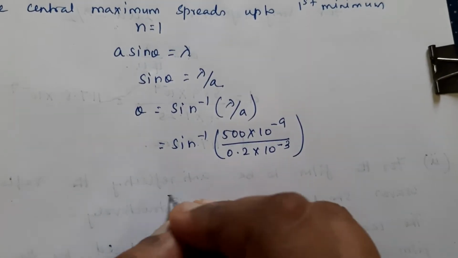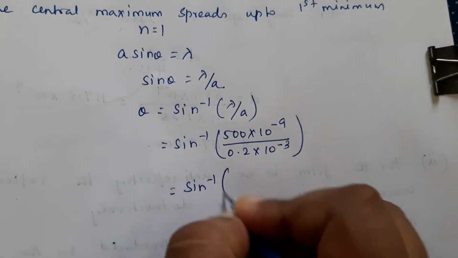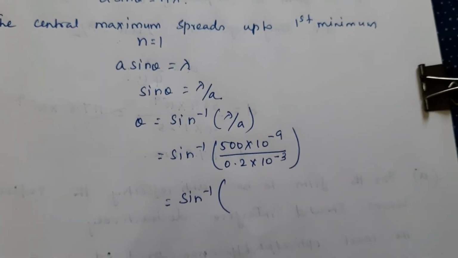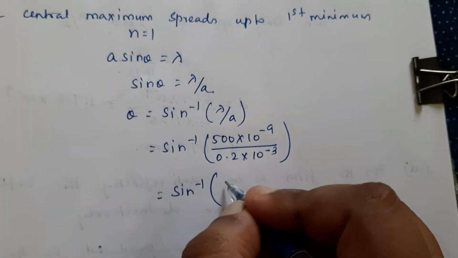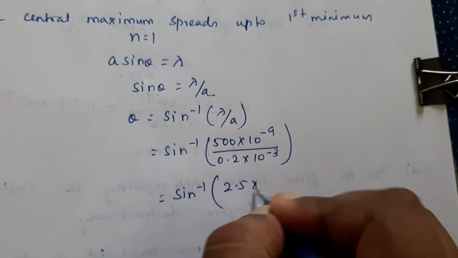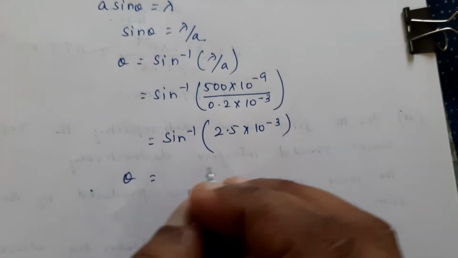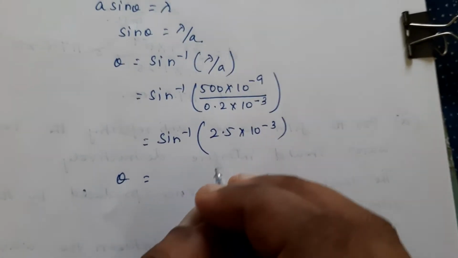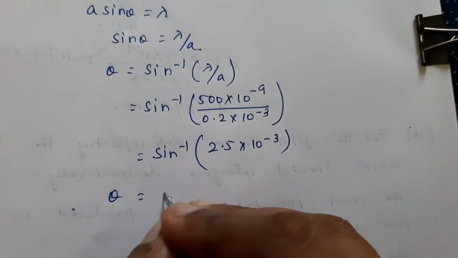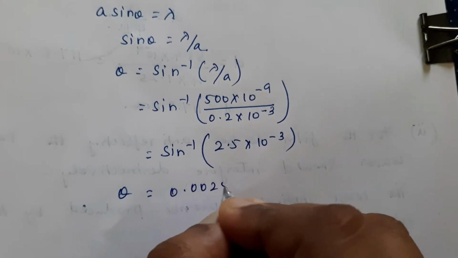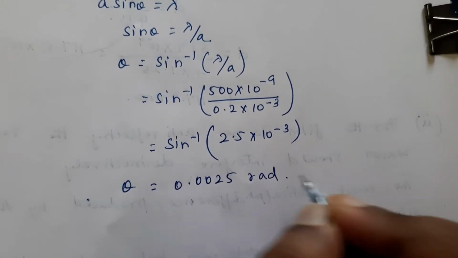If you divide these values, you will get 2.5 into 10 raised to minus 3. We have to find the value of theta in radian, so we get 0.0025 radian.